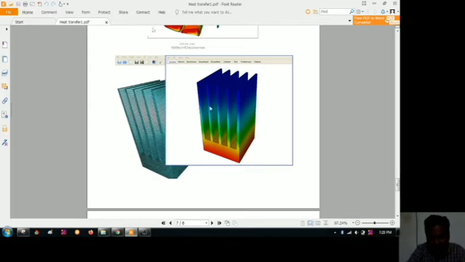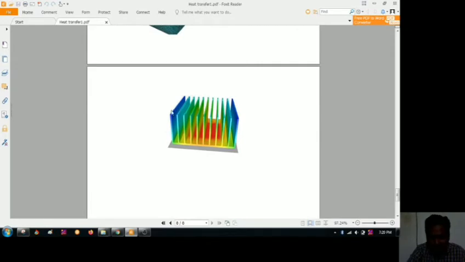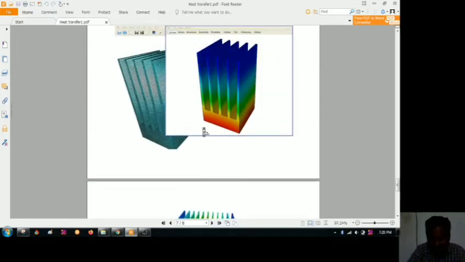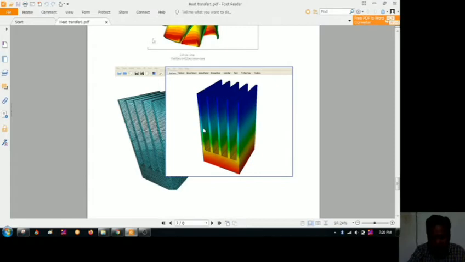Air is coming, taking the heat and going away. This is a typical heat transfer, as you all know. More pin fins are here. You can see that the heat source is at the bottom, and we ask in what efficient way you are cooling the particular heat source or the engine.